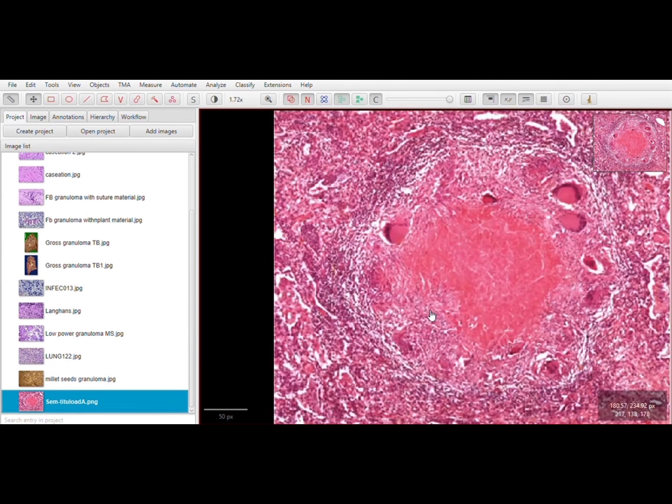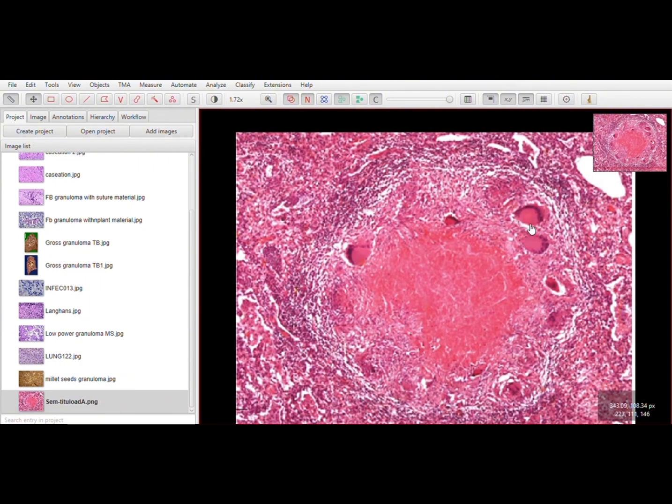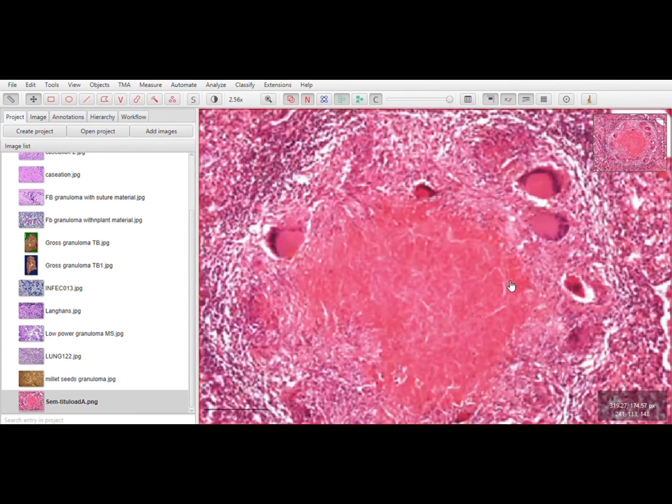In the center, if it is caused by Mycobacterium tuberculosis, you can see a central necrotic area, which we call caseation necrosis, and this pinkish area is slightly deeper pink than the surrounding areas. Also, you see maybe seven or eight giant cells over here.